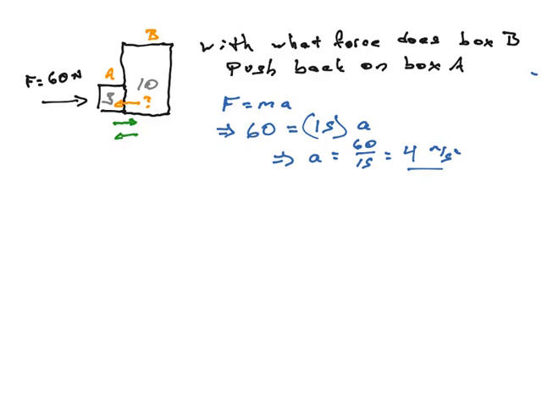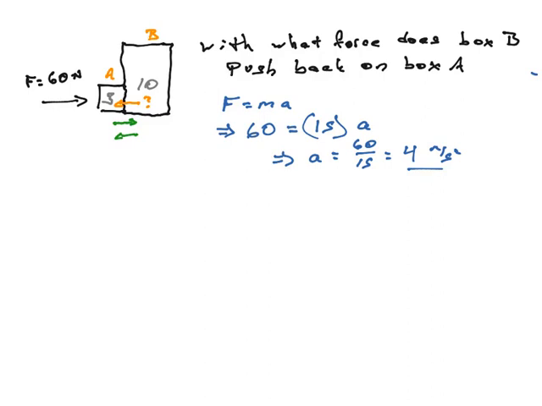That's one thing I know. The other thing I know is the two boxes are not just one system, it's actually two separate boxes, but they have to move together. There's no reason that box B or box A will move faster than the other because they're together. When you push on box A here, we know what happens in real life.